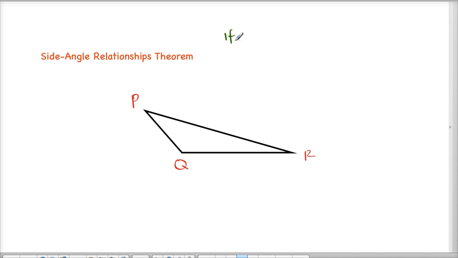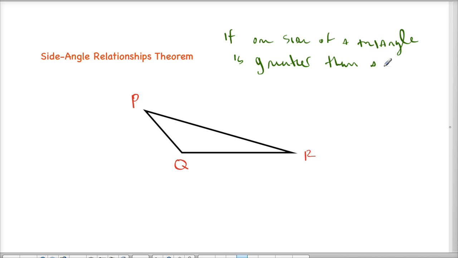What that says is if one side of a triangle is greater than another side, so in this case we'll say PR is greater than PQ, right? And that's pretty clear from the picture. Here's PR, here's PQ. Obviously PR is longer.